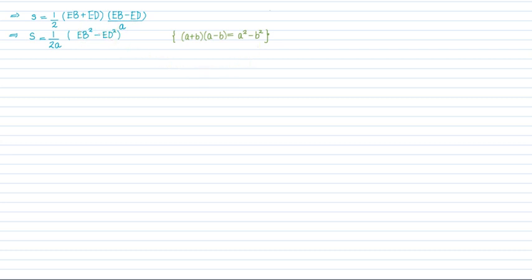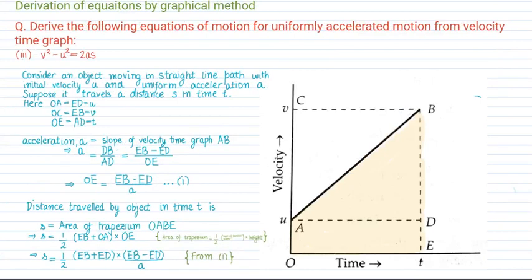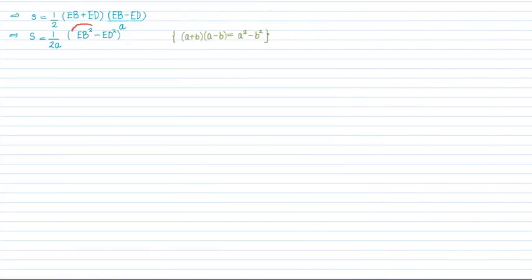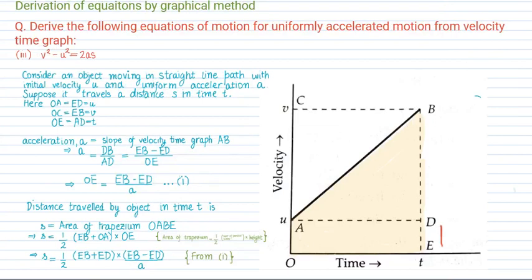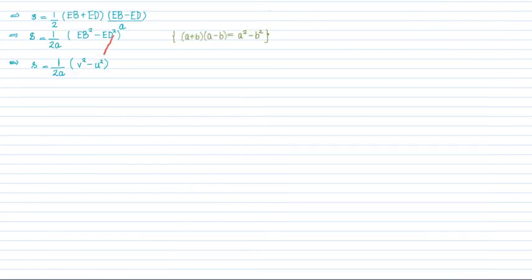Fine. Now what is your EB? EB represents the final velocity. So instead of EB, I can write small v. Similarly, your ED, this part represents your initial velocity u. So I can write ED square as u square.